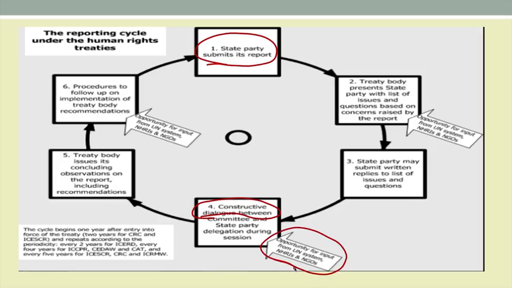Notice here you'll see opportunity for input from the UN system as a whole, from NHRIs, or National Human Rights Institutions, and NGOs. So you can see how the cycle of reporting proceeds over time, and the hope is that the state's compliance with its treaty obligations and its implementation of the treaty into its domestic legal system will improve over time.